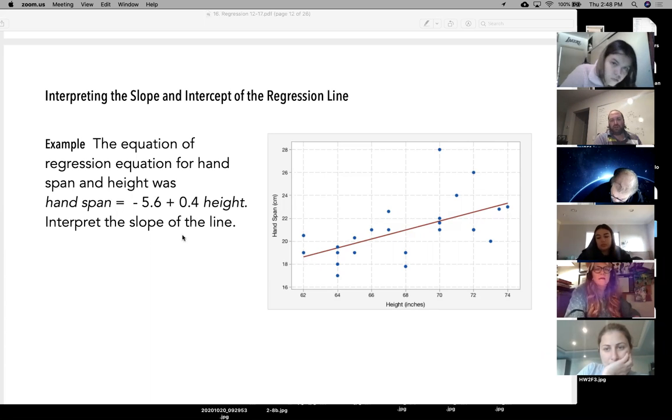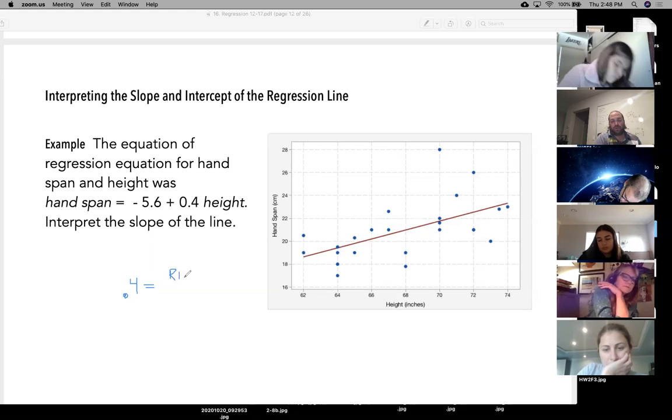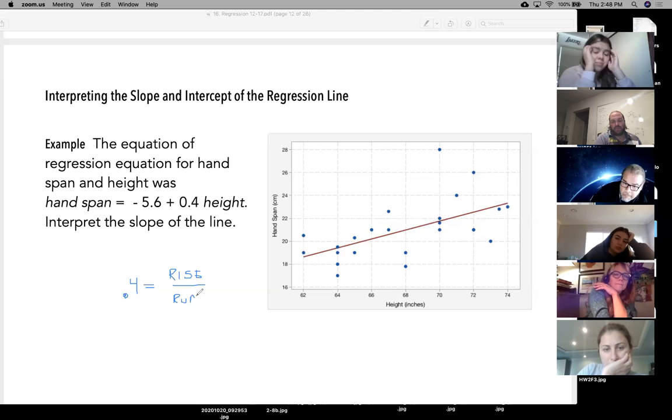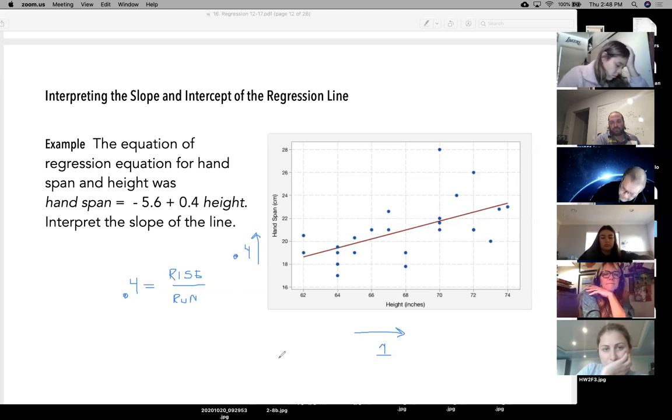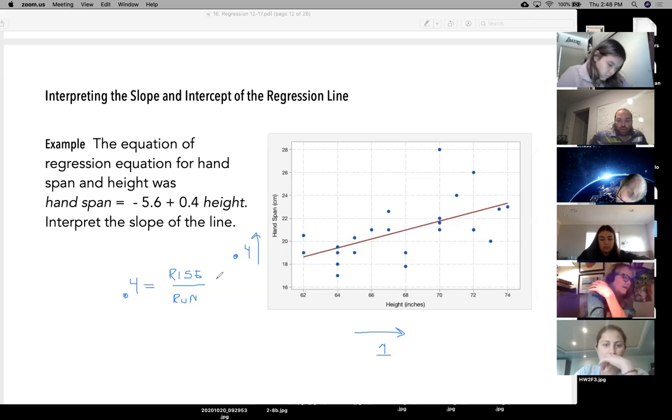So it means as follows. Remember what slope is. Slope is rise over run. So 0.4 is the rise over the run. What that means is if I move 1 unit this way, I will move 0.4 units this way, because 0.4 is 0.4 over 1. Rise over run.